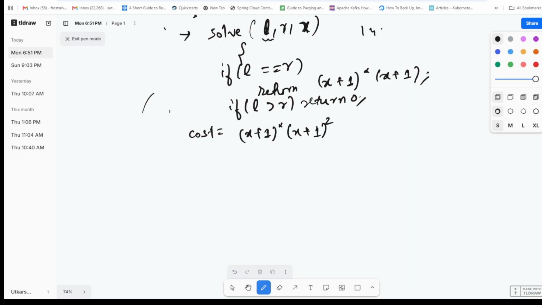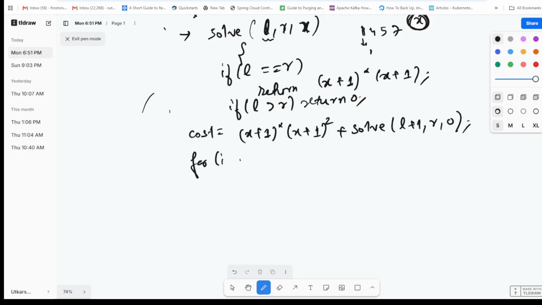For example, 1 4 5 7, we are removing this box, then it will be 1. And with this one we are also carrying some extra 1, right? It might be possible that we may carry some extra x. So we are doing x plus 1 into x plus 1 plus solve for L plus 1, R and 0.